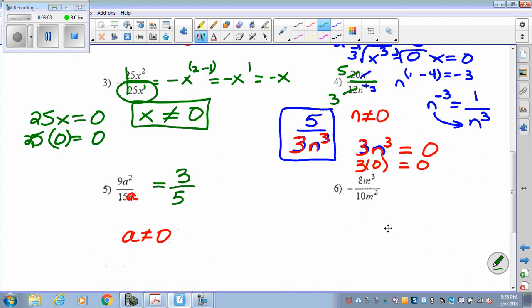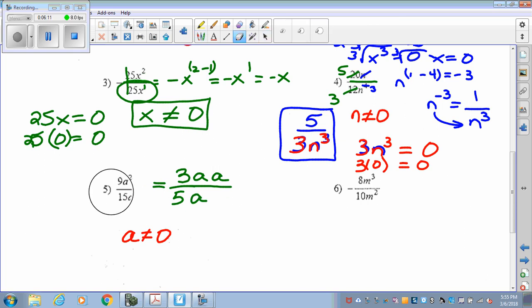And then a squared is a times a, and then I have the 1a on the bottom. That was my original problem. So the 9/15 reduces to 3/5, and a squared is a times a, and I have an a in the bottom. This a divided by a is 1, so those cross out. If you have the same factor on top as you do on the bottom, that's 1, and so it goes away.